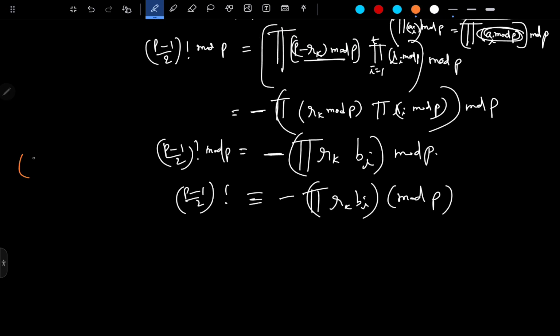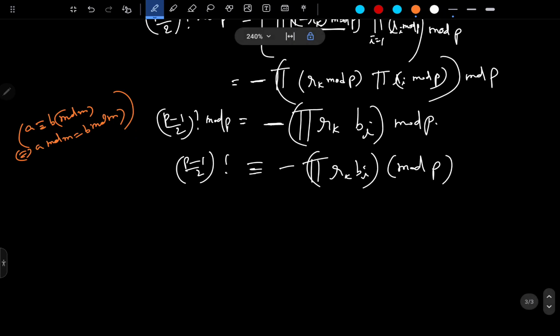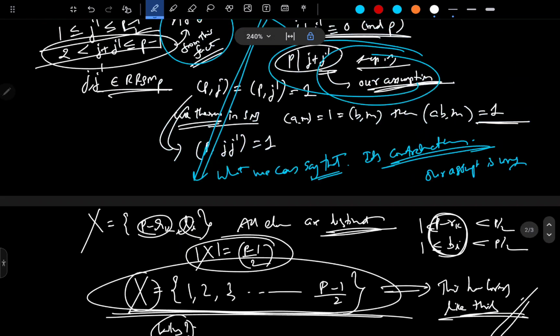Again I will tell the small thing. A is congruent to b mod m means a mod m equals b mod m, if and only if. Happy? So what is pi?